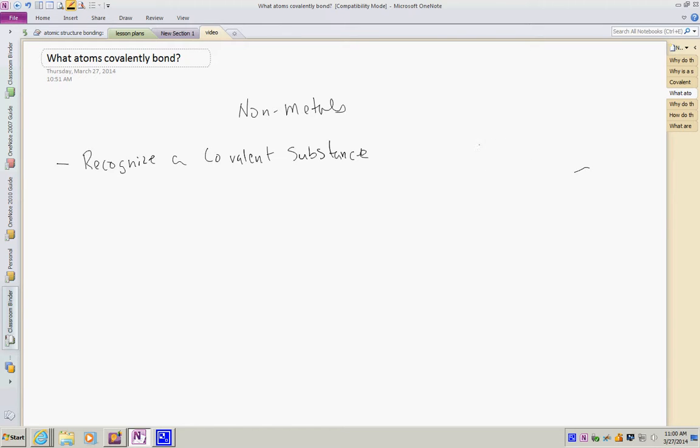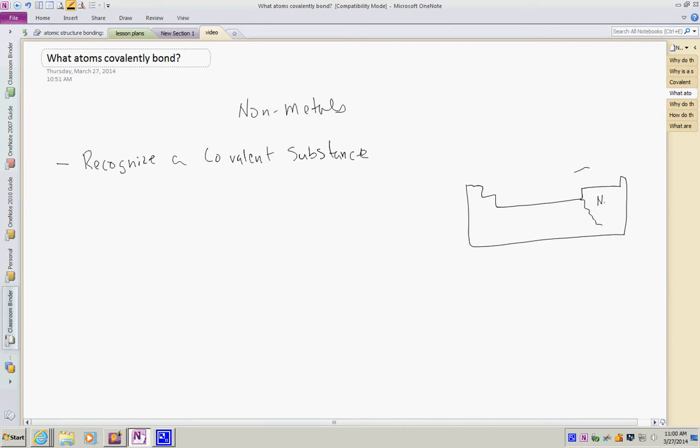So if you look at the periodic table, I'll just sketch out a very rough form of the periodic table. We have our little stair step here, and over here are nonmetals. So this region is going to include only nonmetals. Now hydrogen, being right here, also gets lumped into this category.